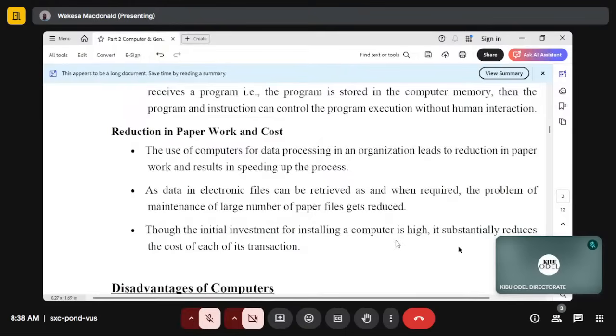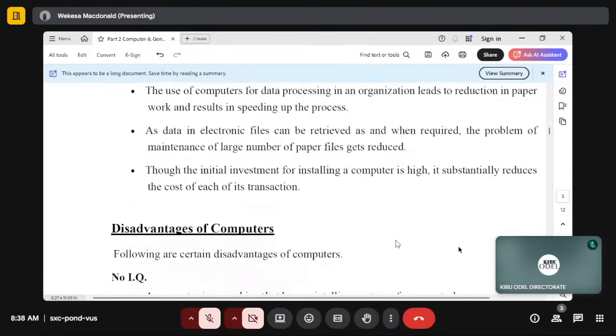The use of computers for data processing in an organization has led to reduction of paperwork, as data in electronic files can be retrieved as fast as possible. Although computers are a very expensive device compared to manual paperwork, so there is some initial investment, once you acquire the computer, in the long run you find that using a computer is cheaper than manual paperwork.